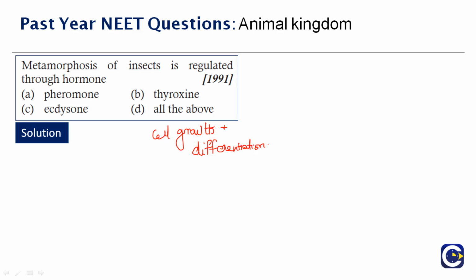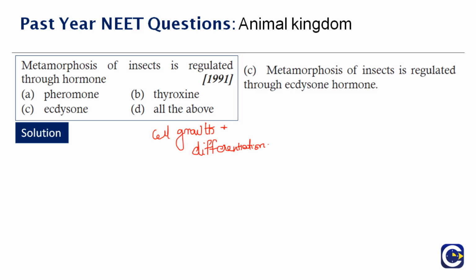So metamorphosis of insects is regulated by which hormone are we talking about? The hormone that is responsible for that is called ecdysone. What do you mean by ecdysone? I have given you a molecular structure for that. You can also go through that. See, it is a hormone.